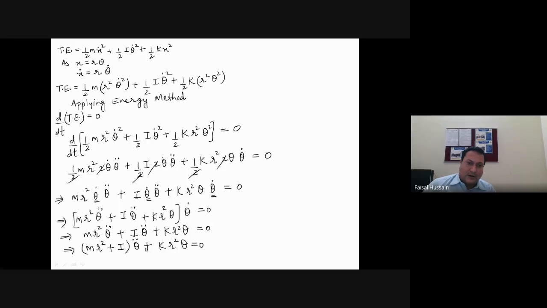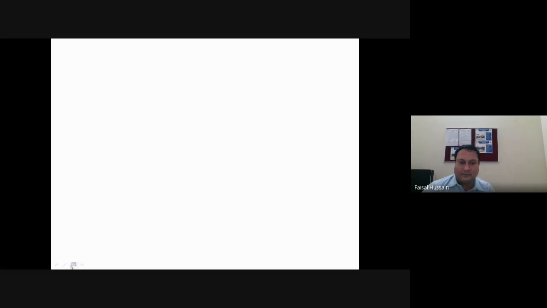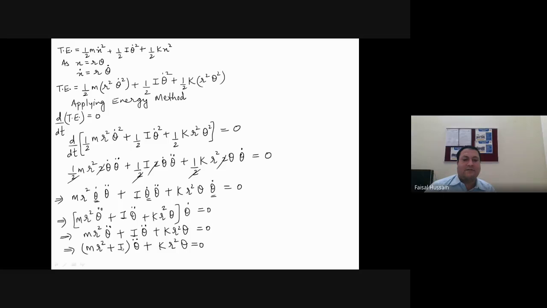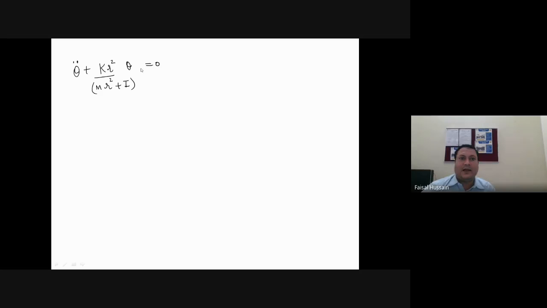I can write theta double dot as, if I take the m r square plus I term as common, it will be k r square upon m r square plus I. So now I can write theta double dot plus k r square upon m r square plus I into theta equal to 0. See what I have done: I have taken this m r square plus I common, and if it is taken common, I can write it like this.